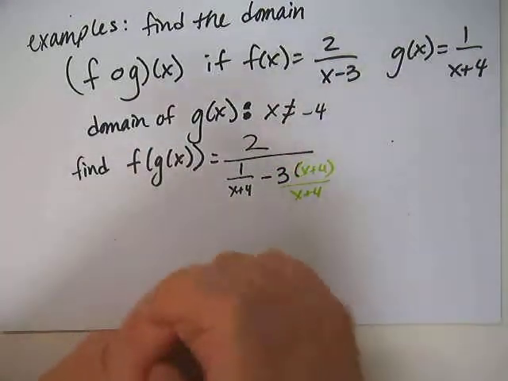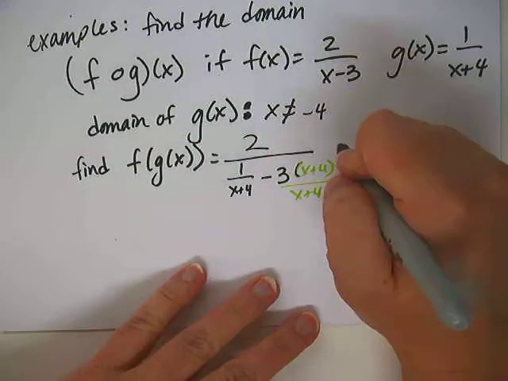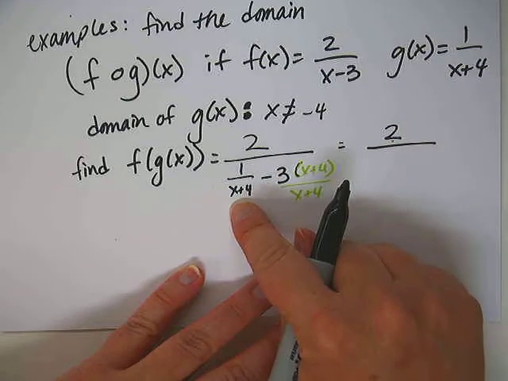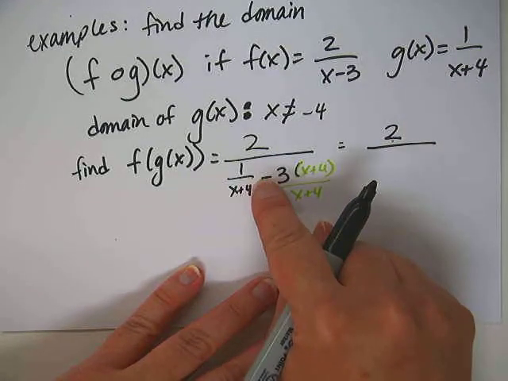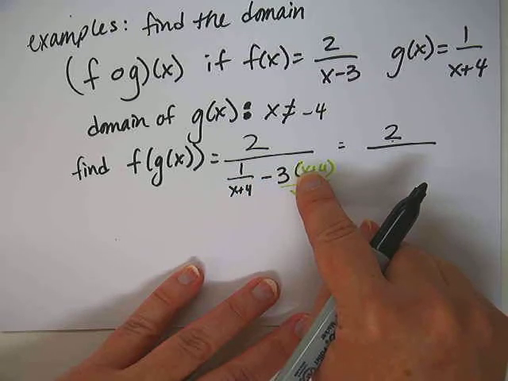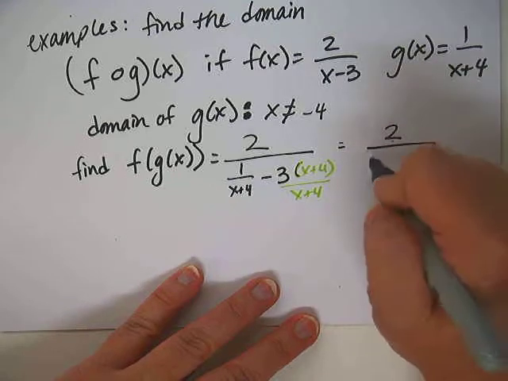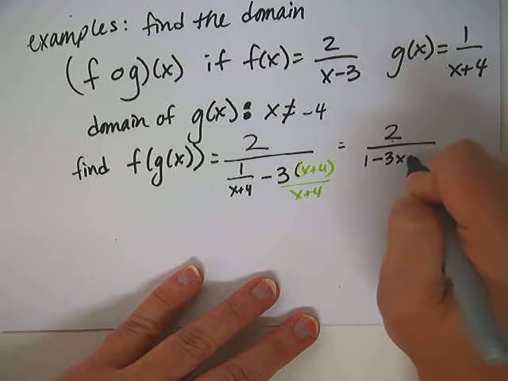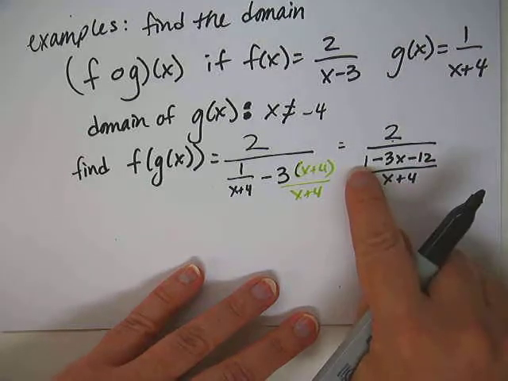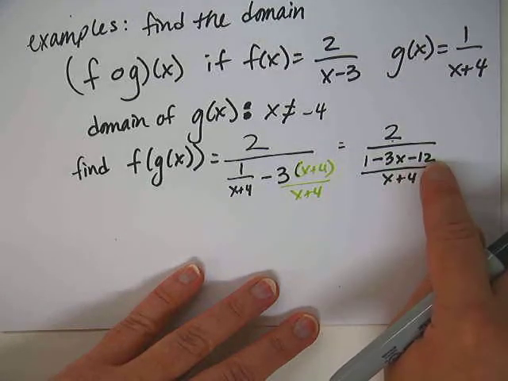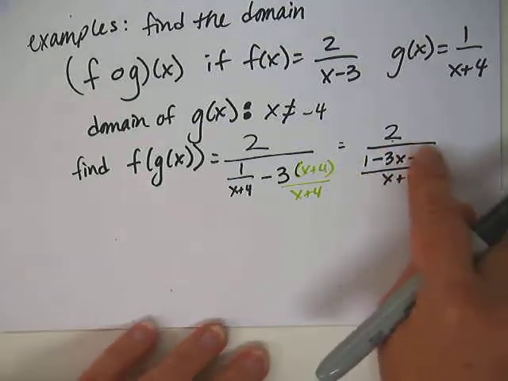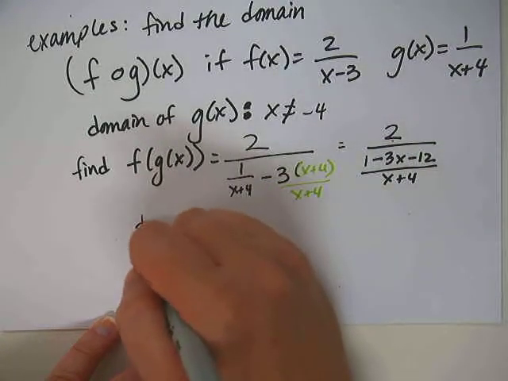Common denominator here will be x plus 4 over x plus 4, therefore we're multiplying this fraction by 1, we're not changing its value. So we'll have 2 on the top of our fraction still, and then here we'll have 1 minus 3 times x and minus 12. Here, we better write that out. So this will simplify to -3x minus 11 once we combine those together, right?